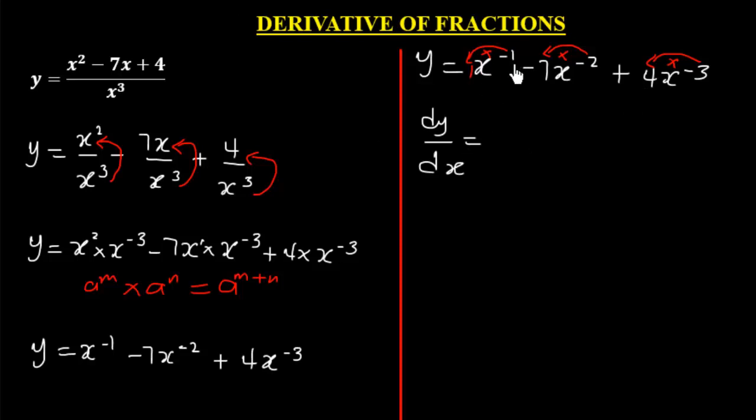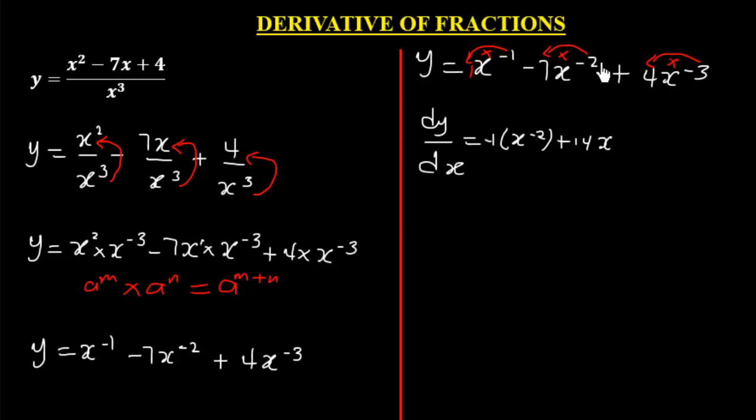So 1 times negative 1 will give us negative 1, then x. Now the exponent of this x will reduce by 1, so that will be negative 1 minus 1, which is negative 2. Alright, negative 2 will multiply the negative 7, and that will give us positive 14, x.